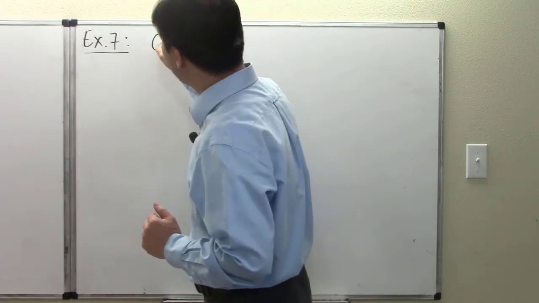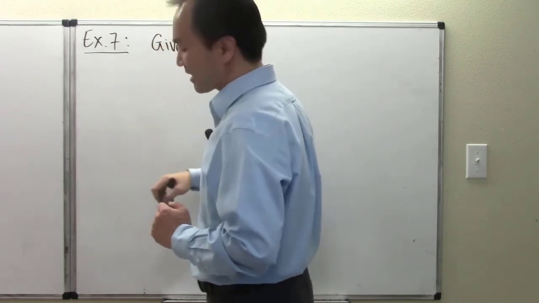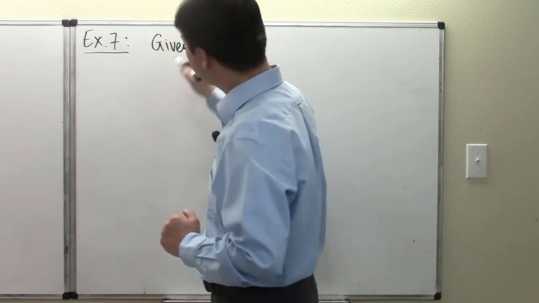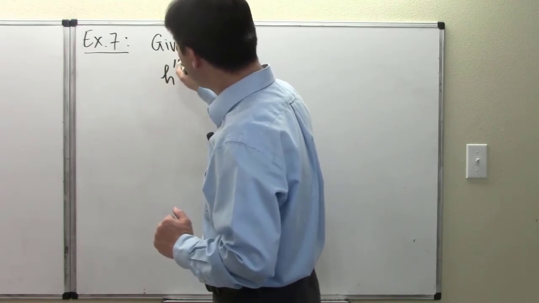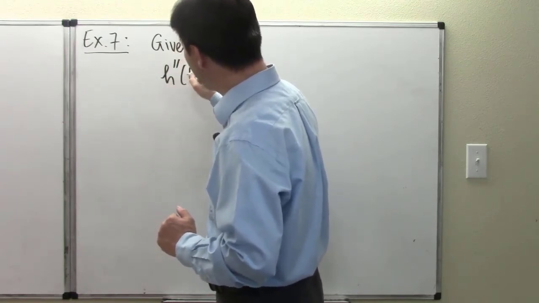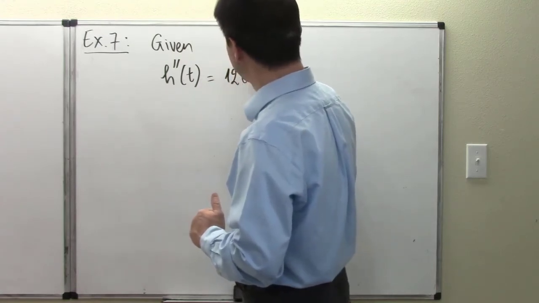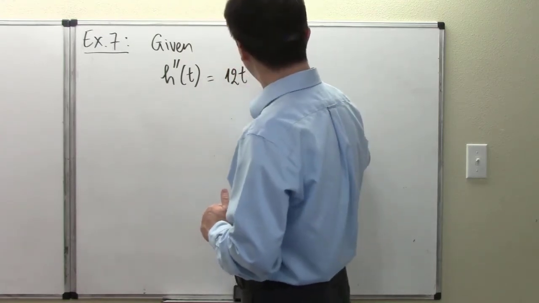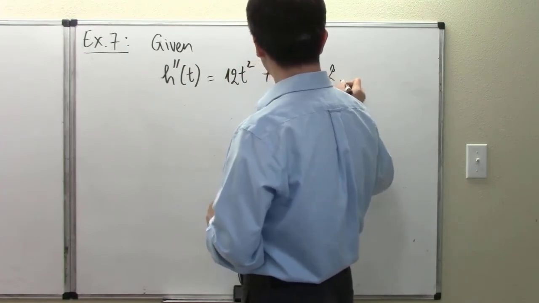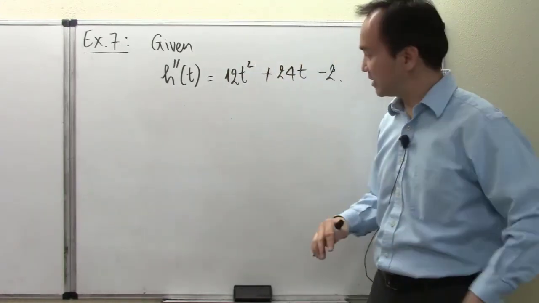So I'm going to start out by having a given function h, but I only know h double prime, given as 12t squared plus 24t minus 2. Okay, so that's the given information.